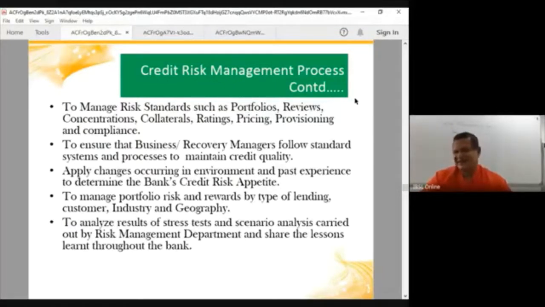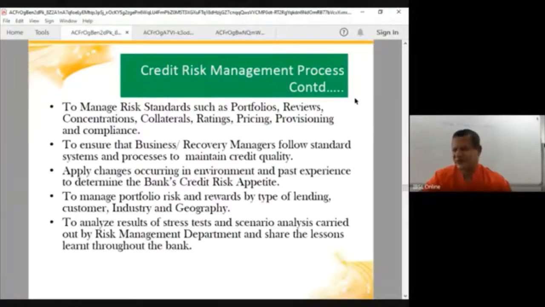All that is to be done in your credit risk management process. We also need to look at the recoveries. We need to look at the environment the bank operates in and establish our appetite for credit to various industries. Now, risk appetite means the amount of money which we would like to lend to a different industry or different region, which needs to be specified.